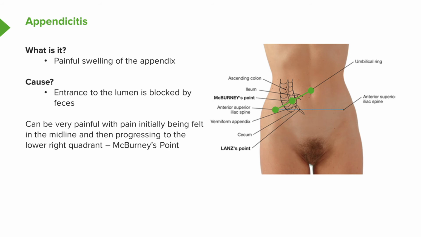And that is the position of the appendix. Appendicitis can be very painful, the pain initially being felt in the midline as a dull ache. But with time, the pain can progress to the lower right quadrant, in association with McBurney's point.